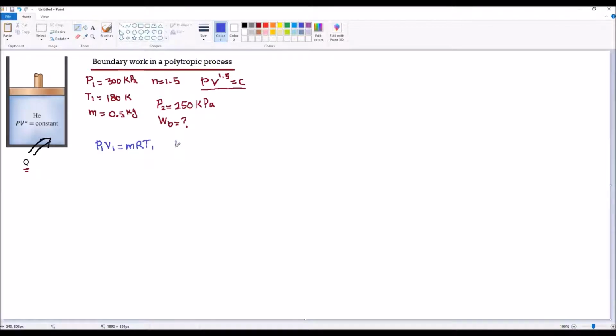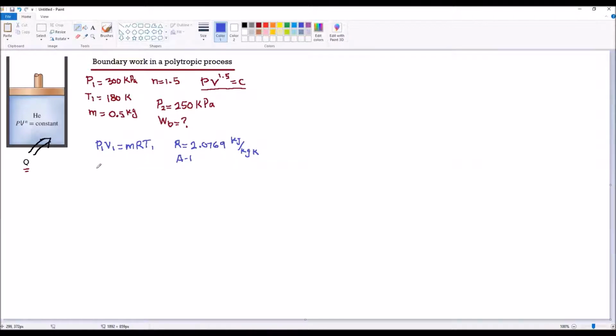We need to read the value of the gas constant for helium from table A1, and the value is 2.0769, and the unit is kilojoules per kilogram per Kelvin.